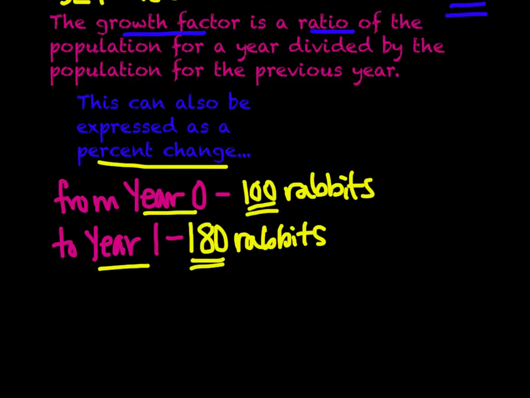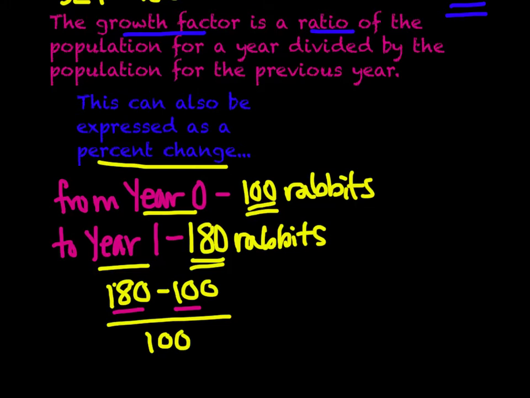Well, with growth rate, we're looking at 1 year and the previous year, but more specifically at the change between those 2 years. So what is the increase from the year prior? And then we're going to be dividing that by that previous year. So between 180 and 100, what is the difference there?